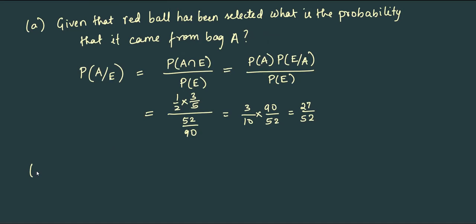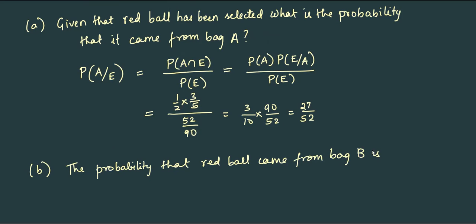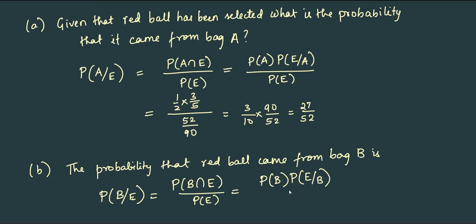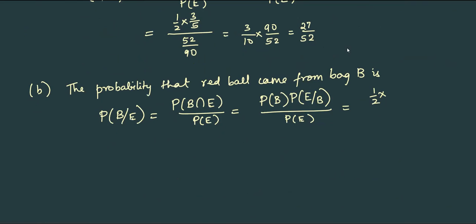Now, the probability that the red ball came from bag B is probability of B, given that a red ball has been chosen, which is probability of B intersection E by probability of E. So this is probability of B into probability of E given B. This is 1 by 2 into 5 by 9, by 52 by 90.